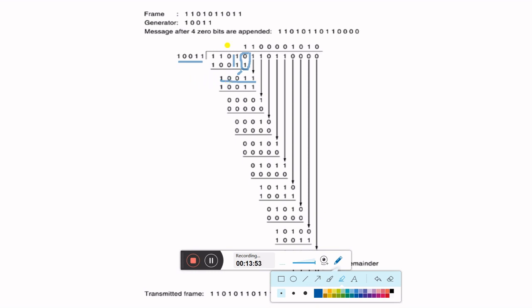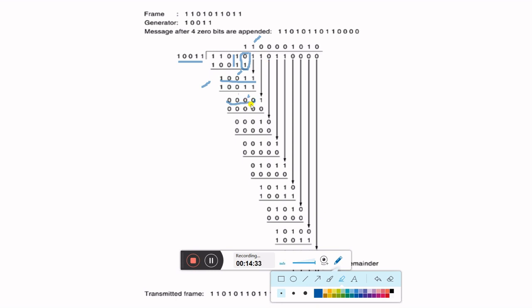So the starting bit is 1, so again this is 1. If this is 1, all of 10011 is written again here, and after that again XOR operation, 110, again 110, 000, 000, meaning there are same bits, and after the same bits there are all zeros, 4 zeros.